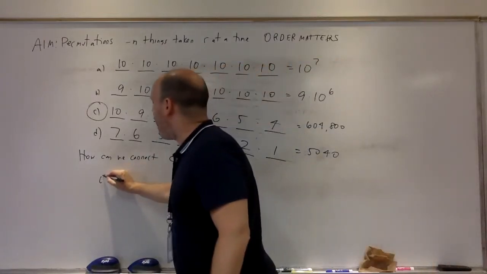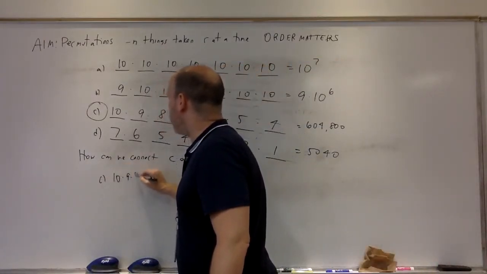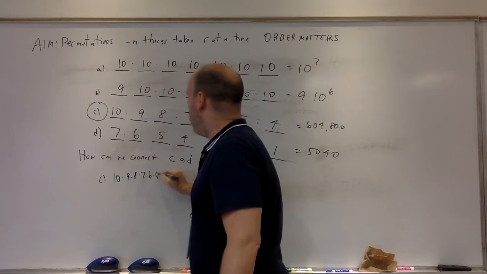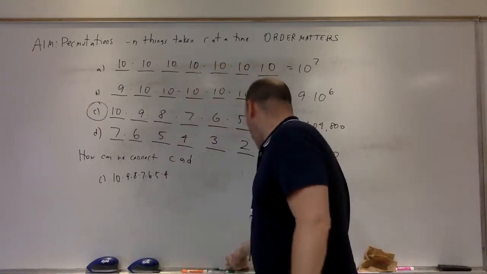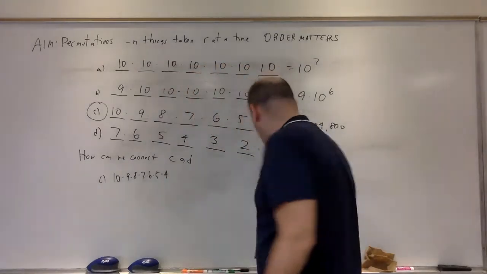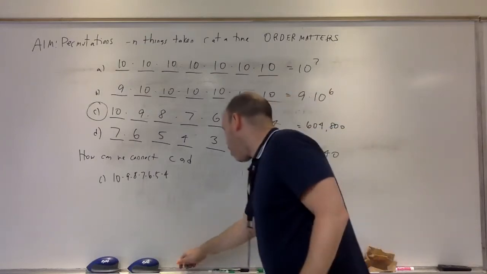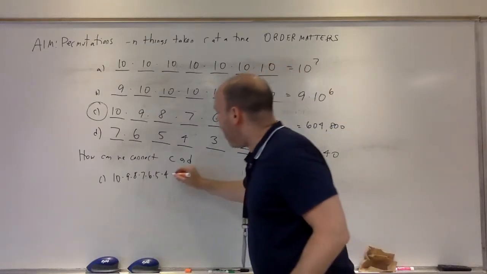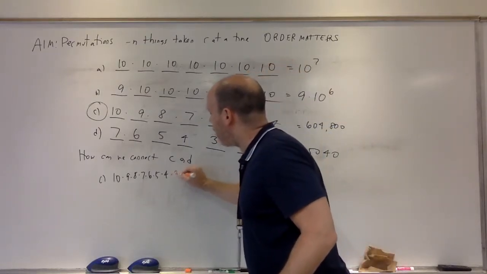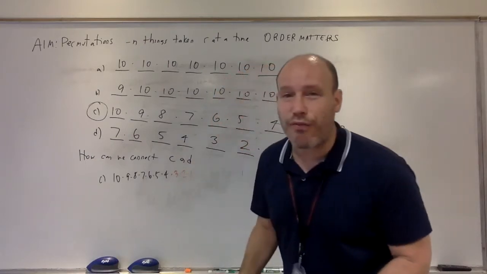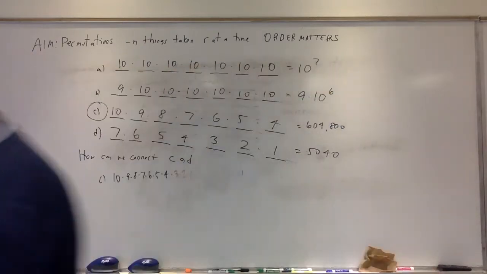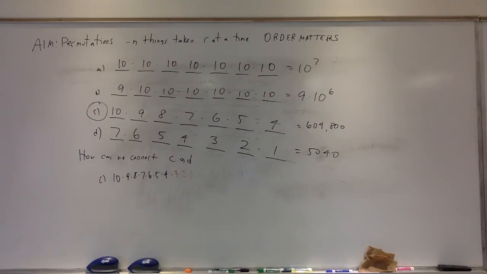Let's take a look at C. So we have 10 times 9 times 8 times 7 times 6 times 5 times 4. What we could do is, if we add on, it looks like the 3 times 2 times 1 got chopped off. But hold on, let me get my red marker.